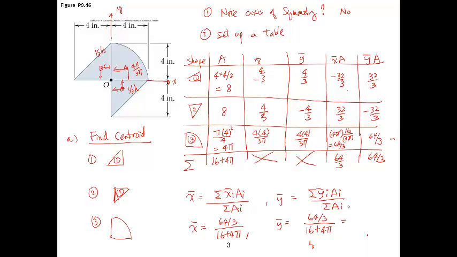You can go ahead and hit the calculator and you can get a number here. So this is how you get the centroid. So where would the finalized centroid be? Probably somewhere here.